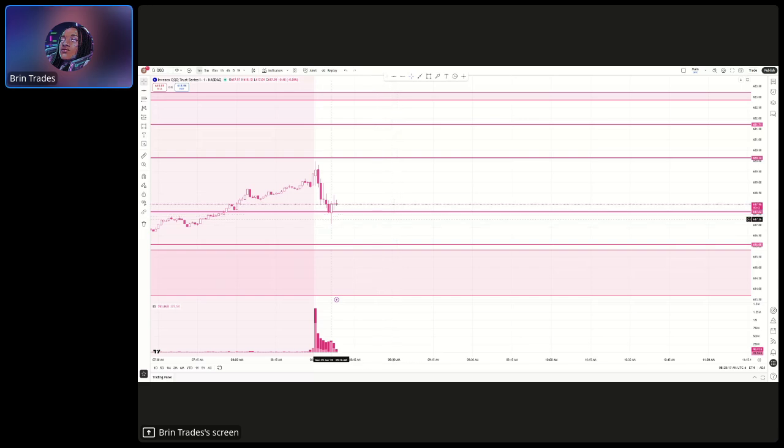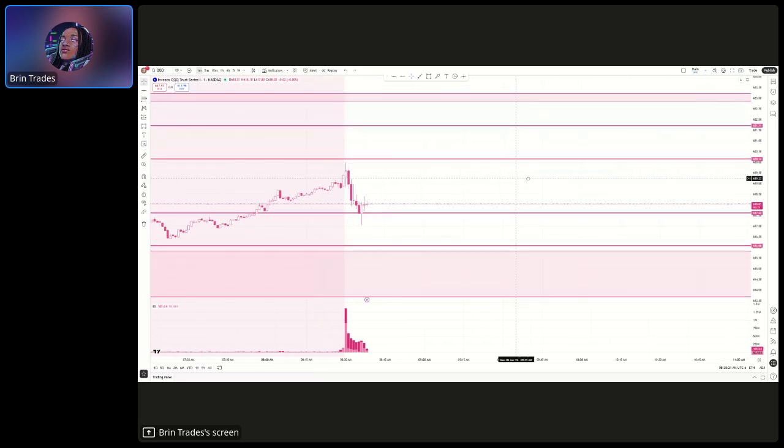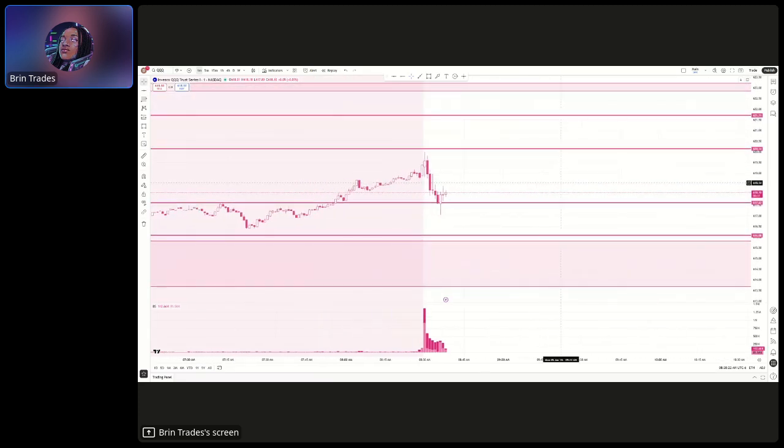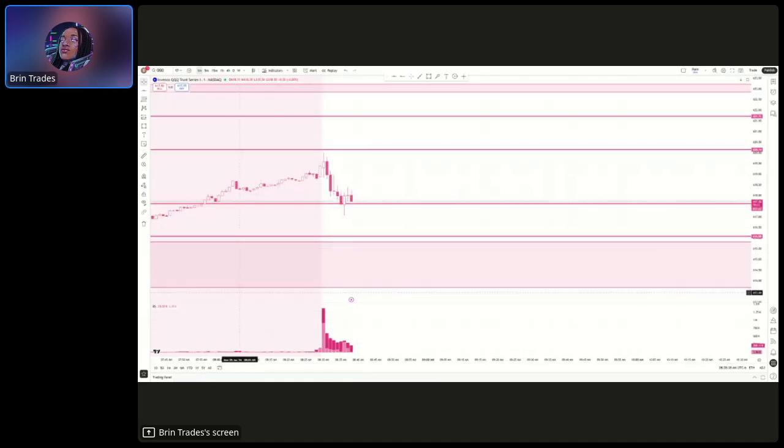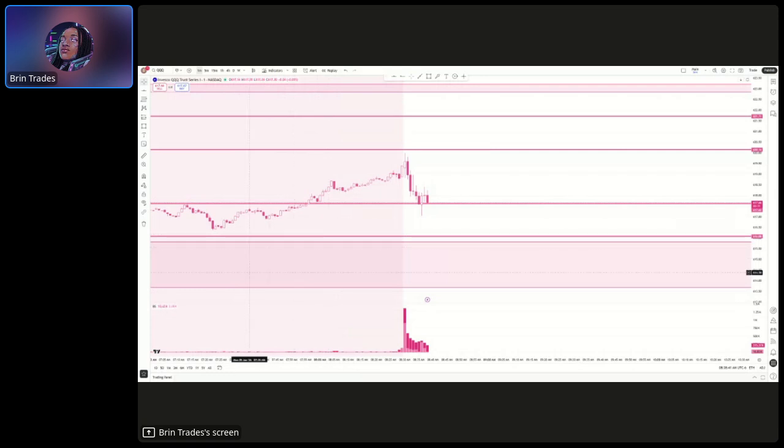Price did wick, so I think the moment price was so close to the gap, I just thought it'd be a bit risky to trade that, but we'll see how price behaves below that price target. Who knows?